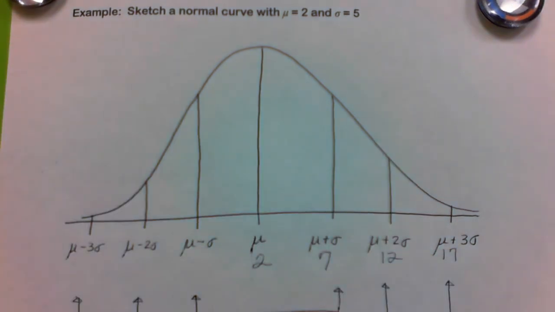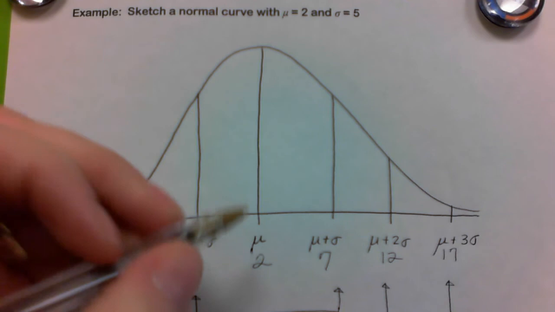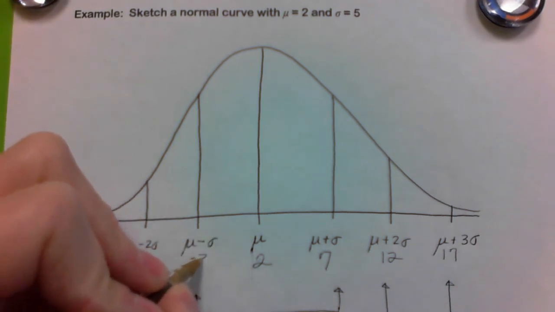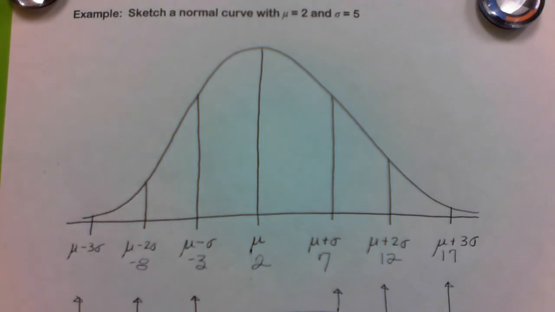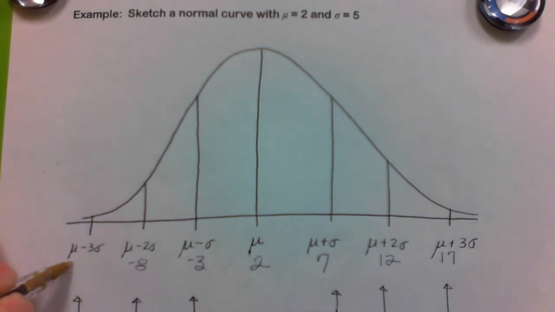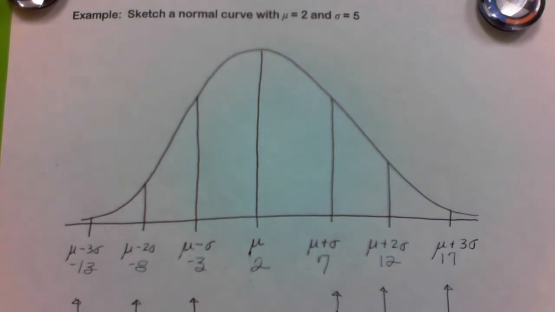So as you go to the right, you add the standard deviation. As we go to the left, we subtract a standard deviation. So 2 minus 5 would be negative 3, minus 5 would be negative 8, minus 5 would be negative 13. So those would be the values in this particular problem that would be represented on mu and then on your standard deviations.